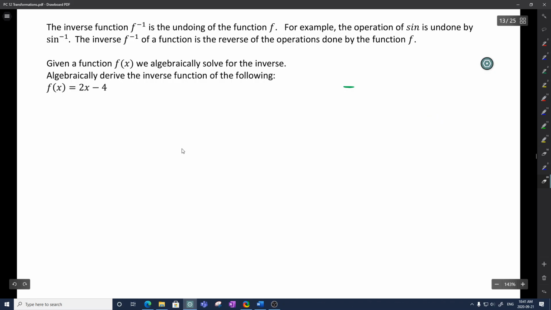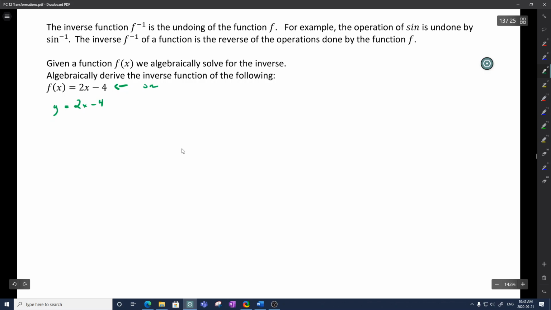All right, the formal way to do this properly goes as follows. First thing I do is I just simply replace f of x with y. Maybe perhaps I should ask, is f of x is equal to 2x minus 4, 1 to 1?